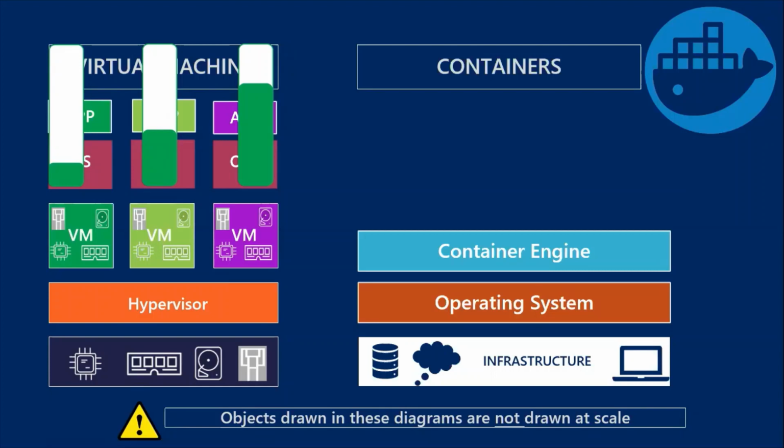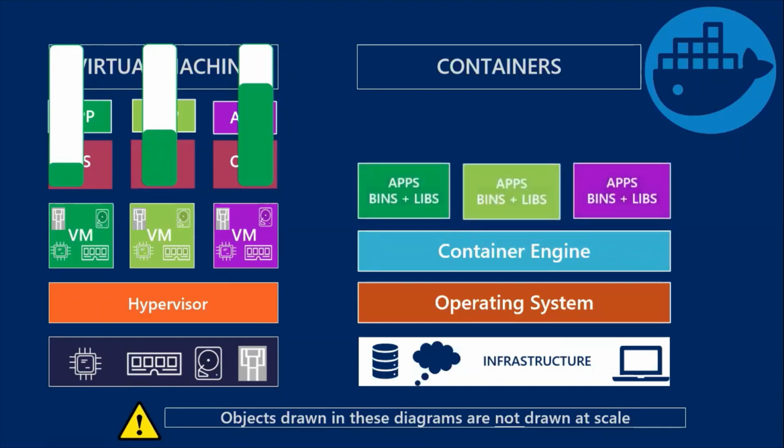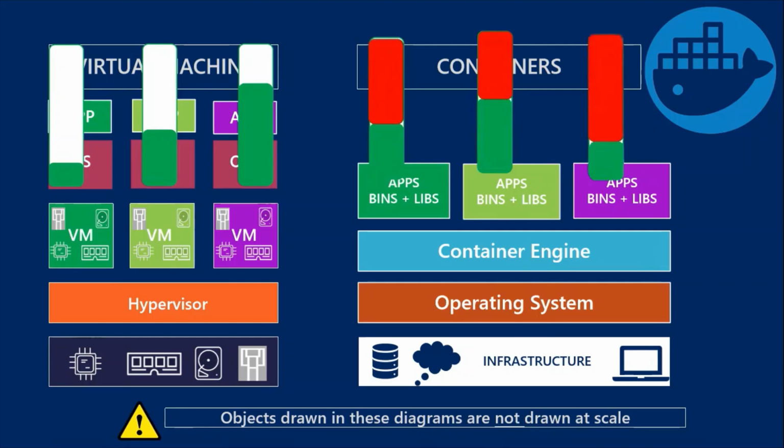If you have come from a VM background, without installing another OS, just sharing the same kernel with the container engine, you can run as many apps as you want. Plus, you can provide limits to these containers, so that a container can consume only that much of the CPU and that much of the memory, and restrict containers from going beyond the limits.